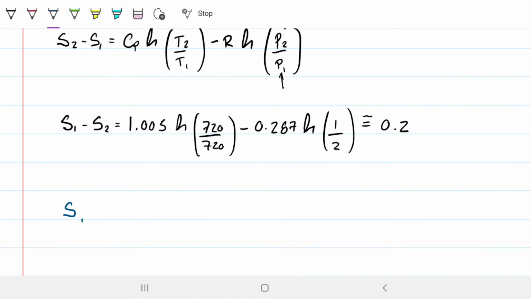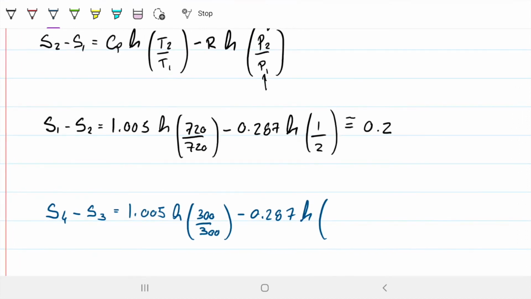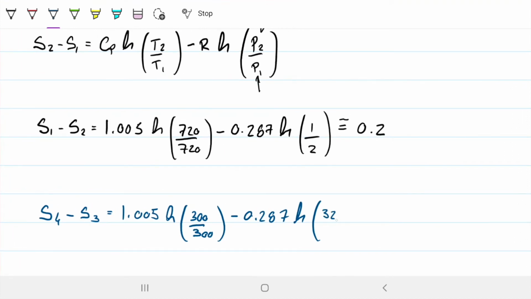Okay, what else? The other one, the change in entropy as we go from state 3 to state 4. Same thing, right? 1.005 natural log of the same thing, so it's 300, so natural log of 1 to 87, and then the natural log of the pressure ratio, and then our pressure is 326.9 and 163.4.